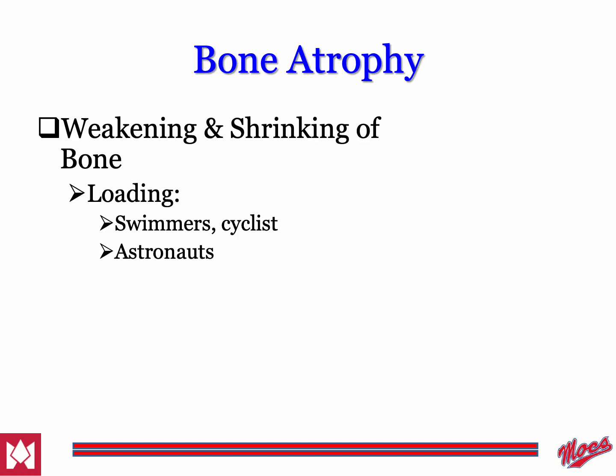Now, when it comes to bone atrophy, that is strictly the weakening or shrinking of bone, okay? Now, what that looks like is specifically in swimmers or cyclists and astronauts, we are actually going to see some type of change in the bone itself, right?